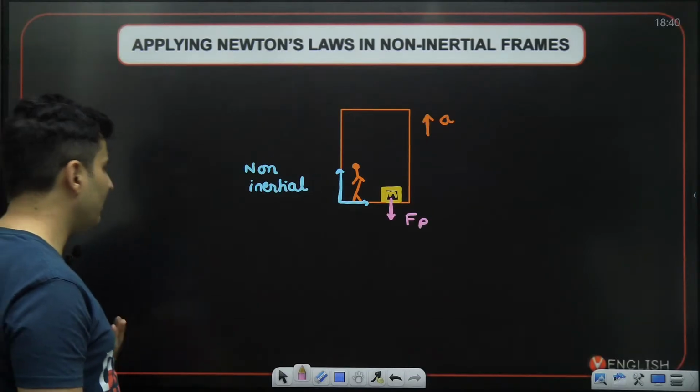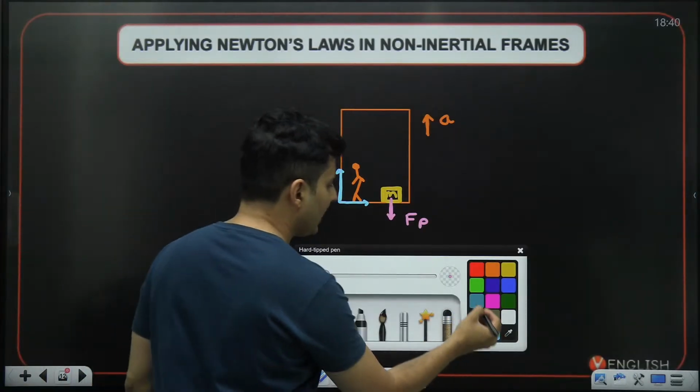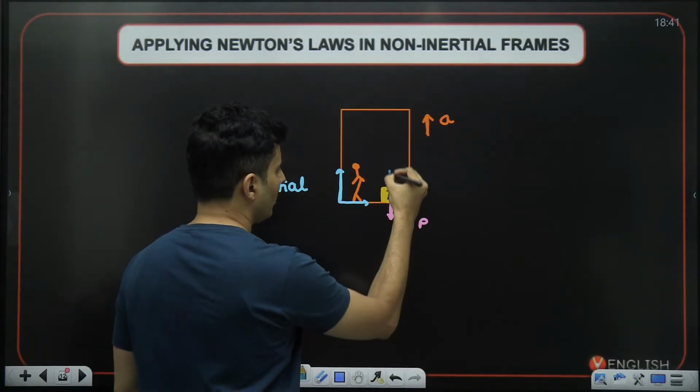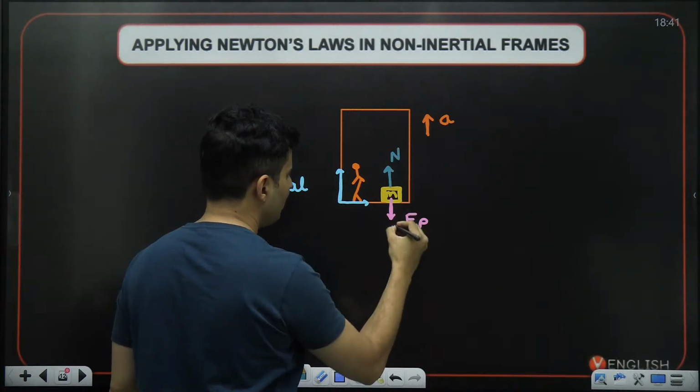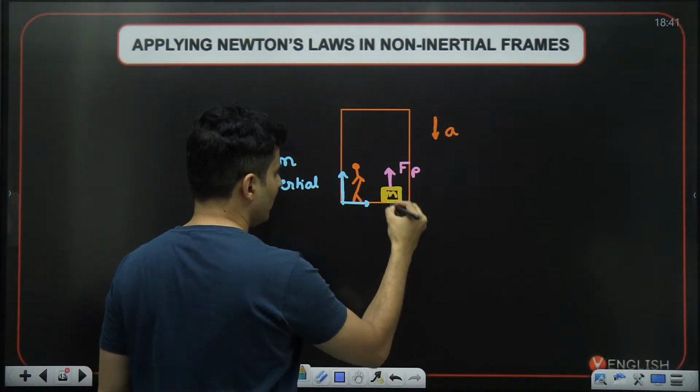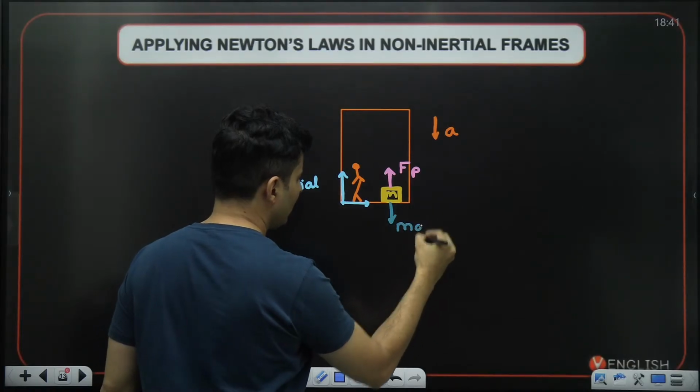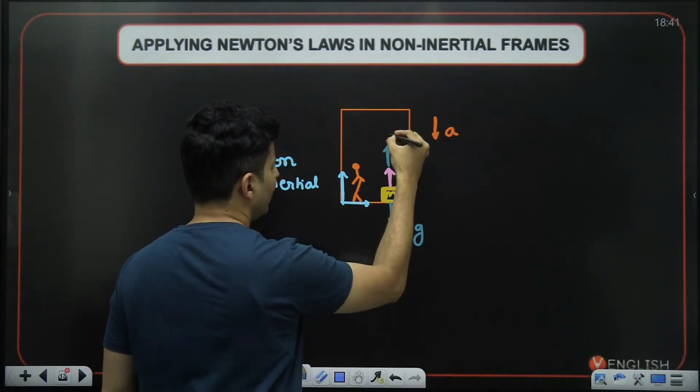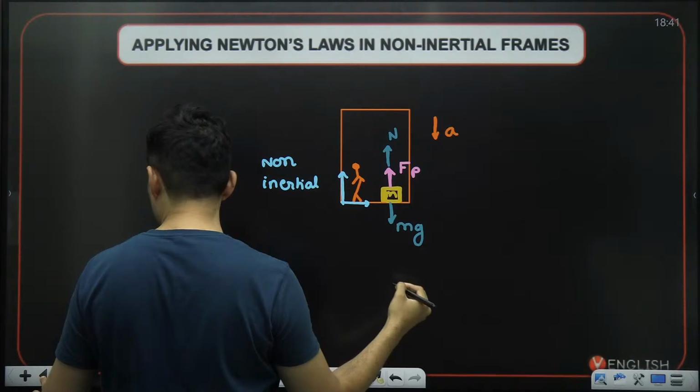Apart from this, other forces will still exist. For example, your normal force will be there and mg will also be there. All these forces will still be there. Same thing over here. Normal will also be there. And what will you see this box doing?